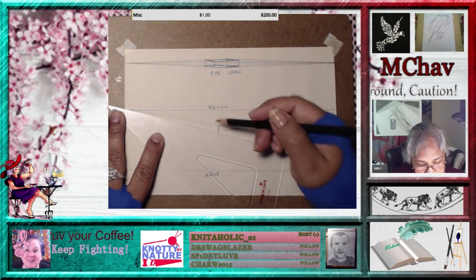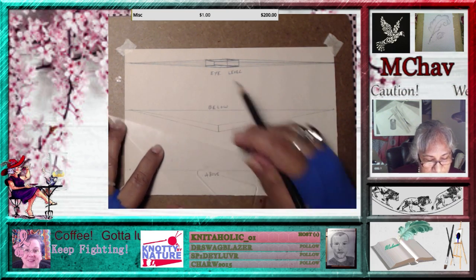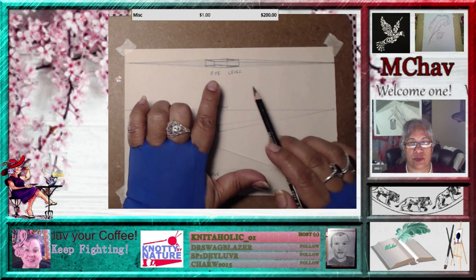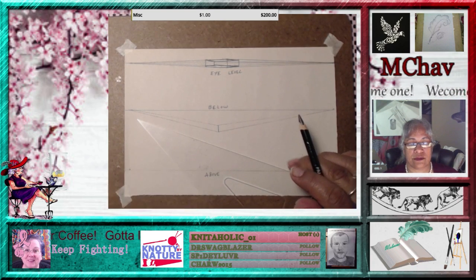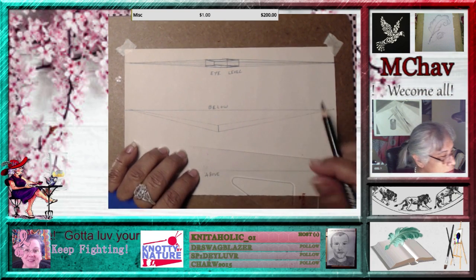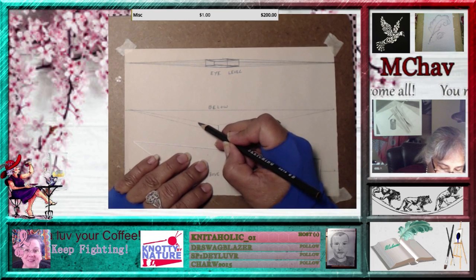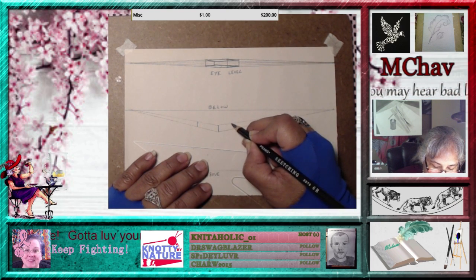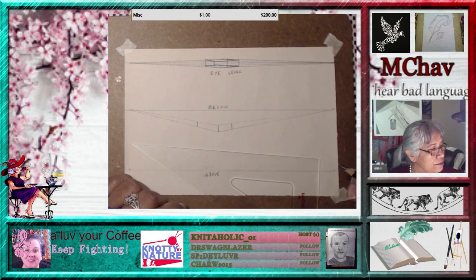So the purpose of this is to see where the vanishing points are, which are way over here. That will bring this out right there. Okay, and then the next one we're going to do, we're going to bring this out right here. And this one right there.